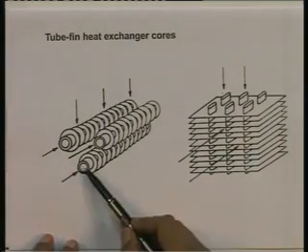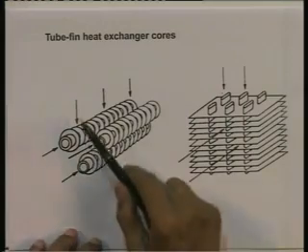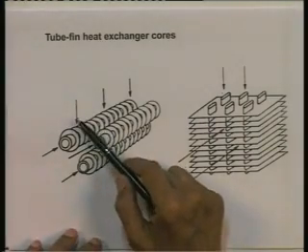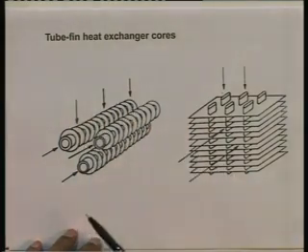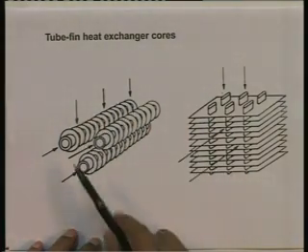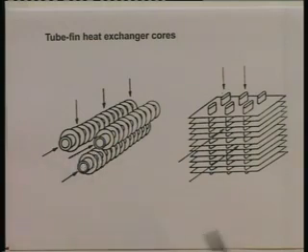The liquid will flow inside the tubes, because for the liquid you already have a high heat transfer coefficient. On the gas side you do not have a high heat transfer coefficient. So, in order to enhance it, or reduce the thermal resistance on that side, we put fins on the gas side. So, this is called a tube fin heat exchanger.